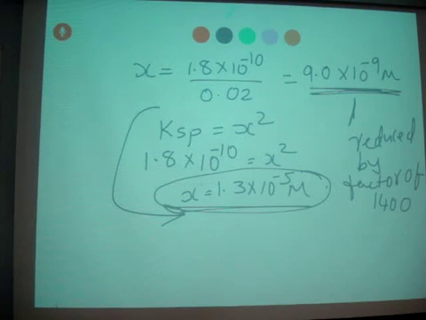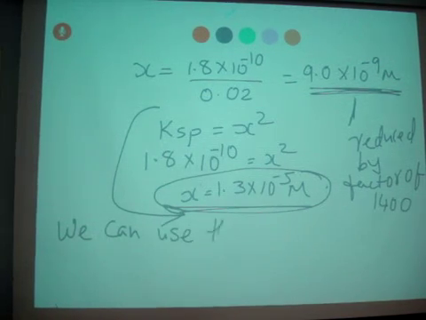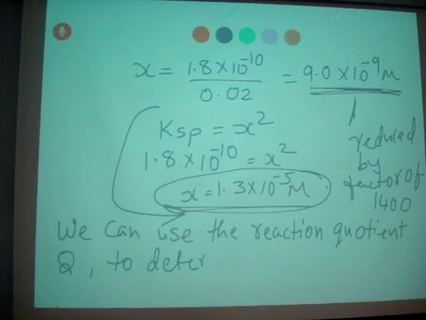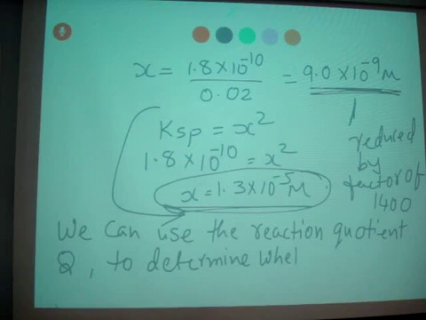So what we do? We can also use the reaction quotient Q to determine whether precipitation will occur or not.